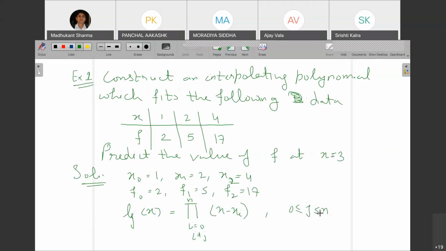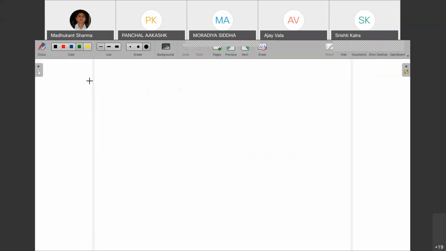So we are going to get a polynomial of degree 2, a quadratic polynomial.